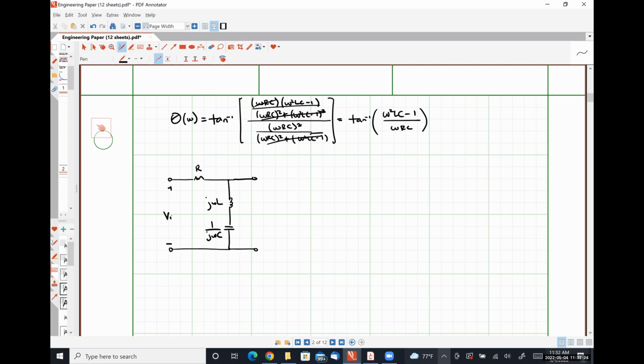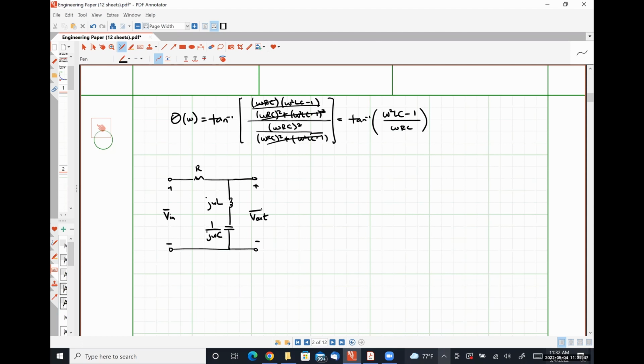Here is the in, here is the out, okay? So in this instance, we are taking the voltage drop over both the inductor and the capacitor in series, okay?